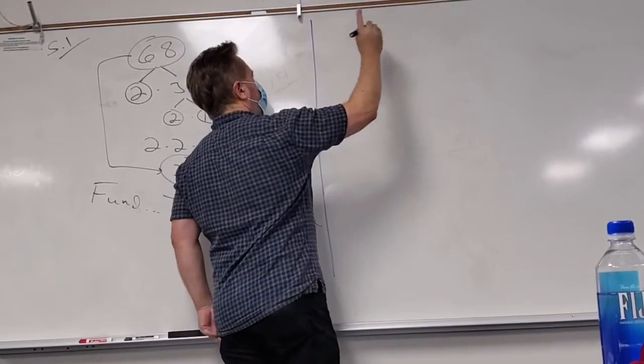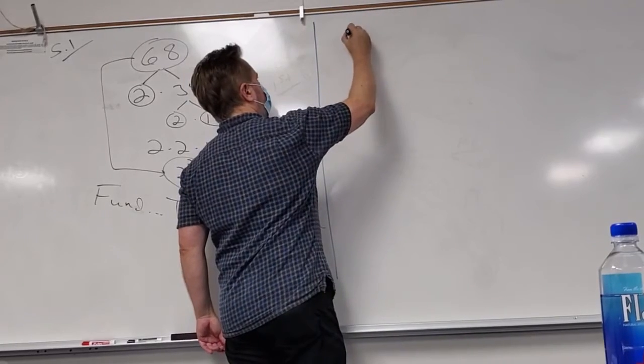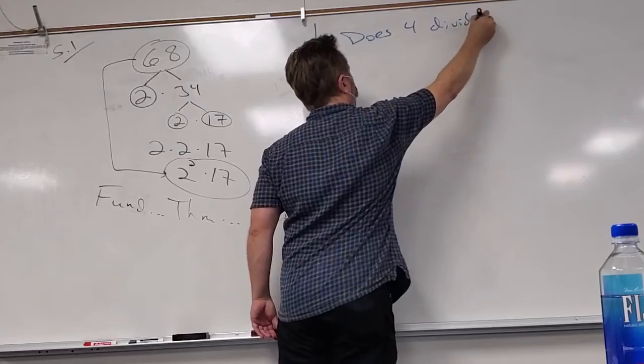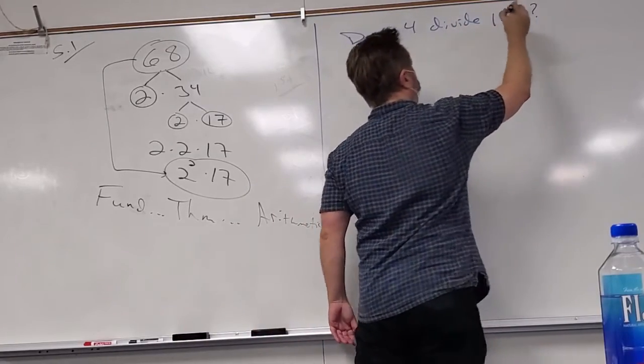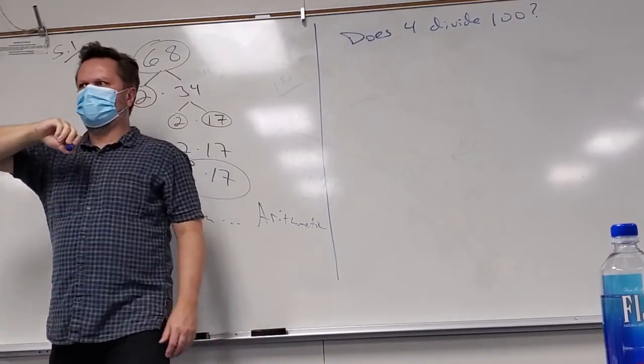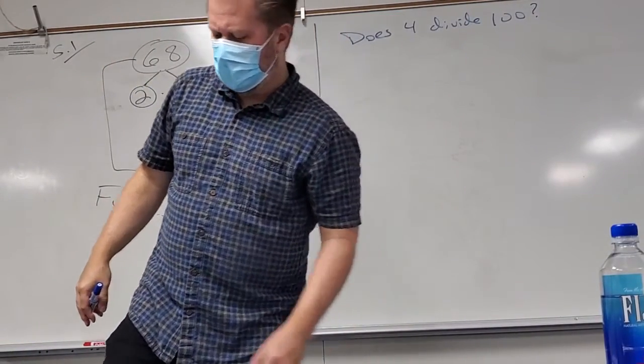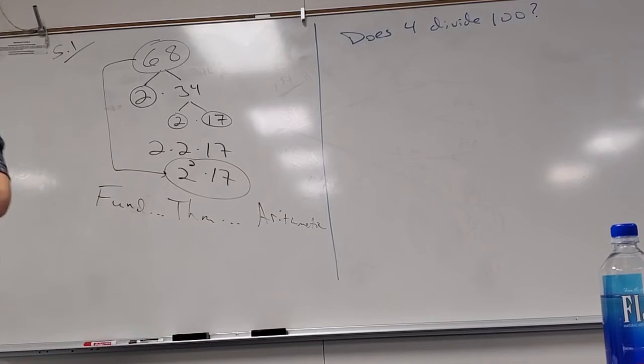Fundamental theorem of arithmetic. So what does it mean? Now, real quick, does 4 divide 100? There's a weird way to say it, but does 4 go into 100? So yes, 4 divides 100.